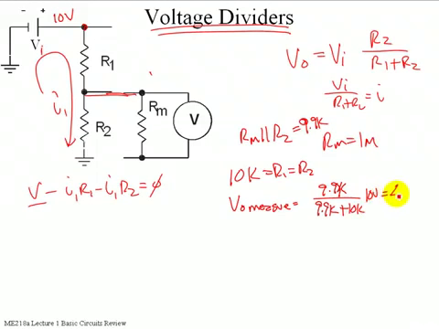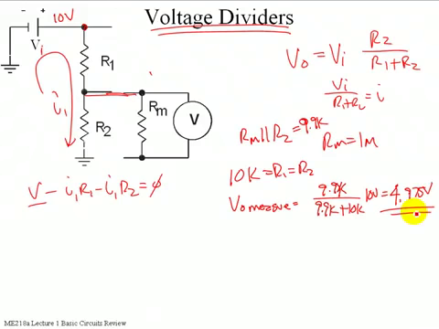And that comes out to 4.975 volts. So with two equal valued resistors here, we would expect it to divide exactly in half, 5 volts from a 10 volt supply. We got 4.975. Let me assure you, within the accuracy of the measurements and the tolerance of the parts you're going to have, that's as good as 5 volts.